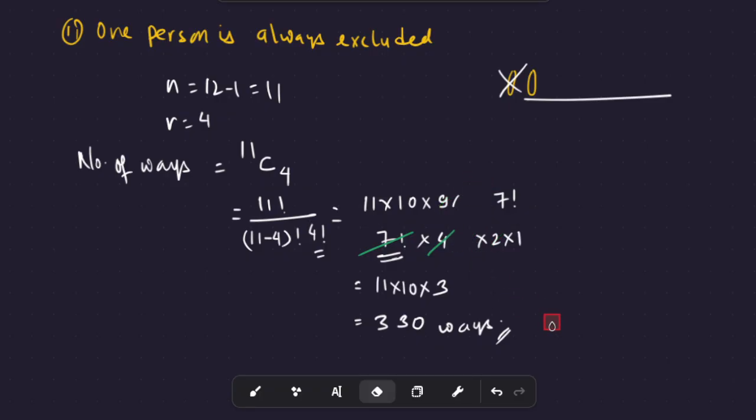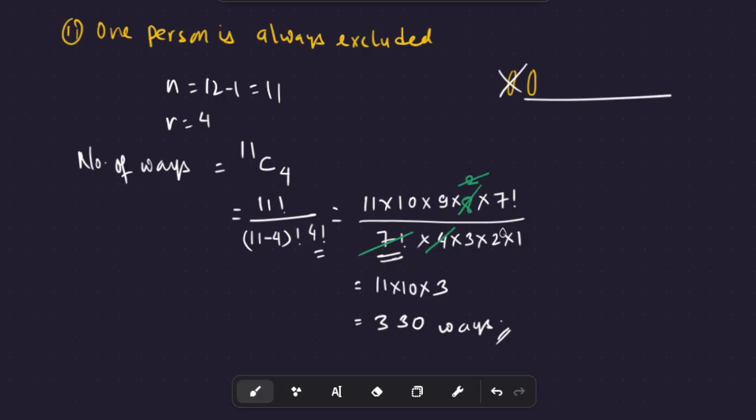Okay. This 4 cancels 8. What will we get? It is 2, right? Then cancel two.